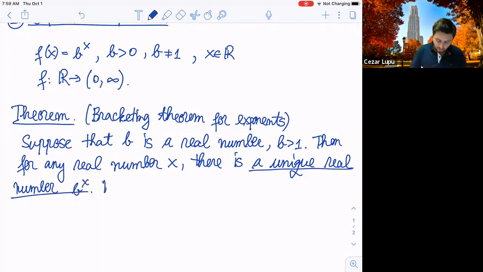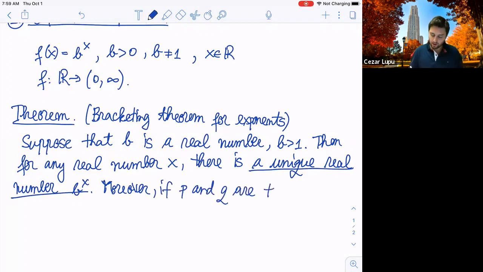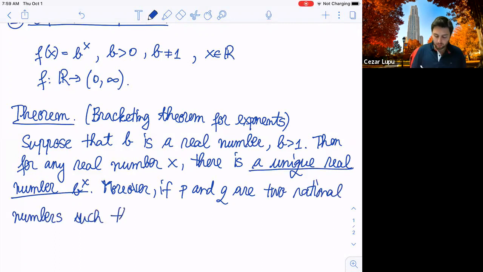Moreover, if p and q are two rational numbers such that p is less than x and less than q.